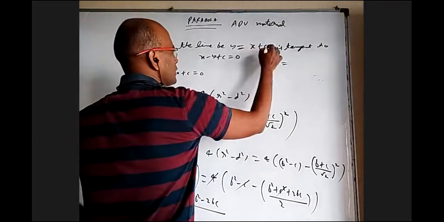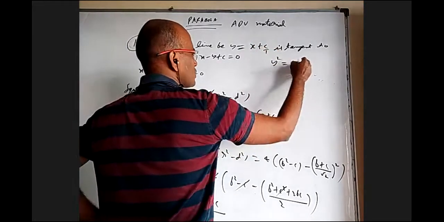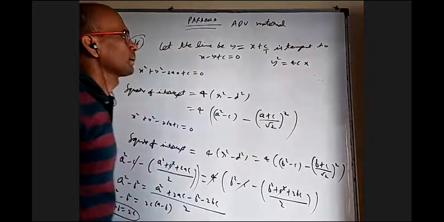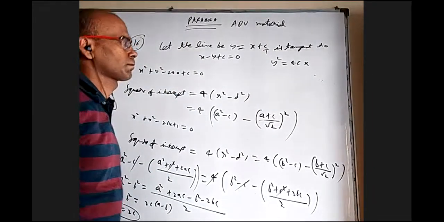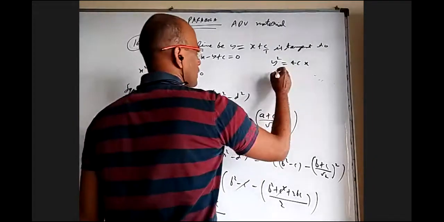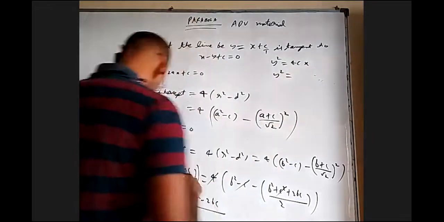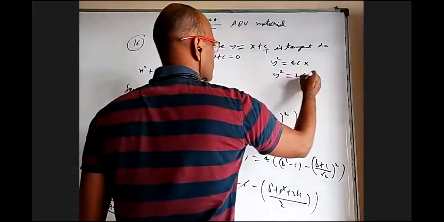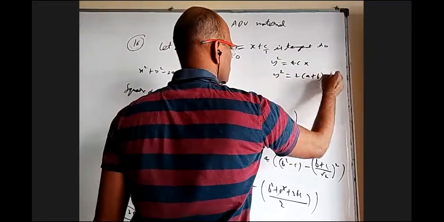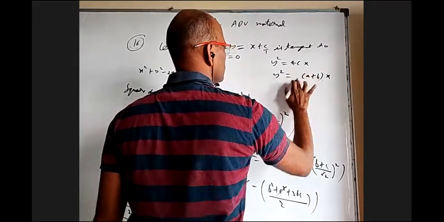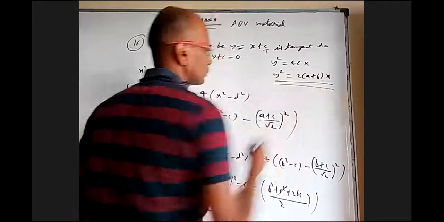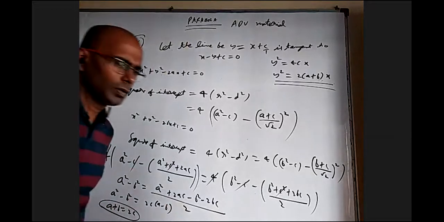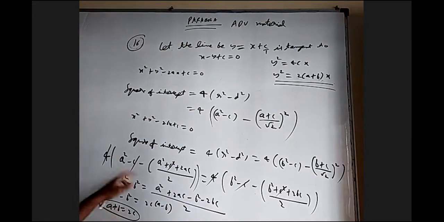I can write this c as c by 1. So directly 4cx. Okay, and that 4c you can write 2 times a plus b. Okay, just a relation between c, a, b that we got from here.